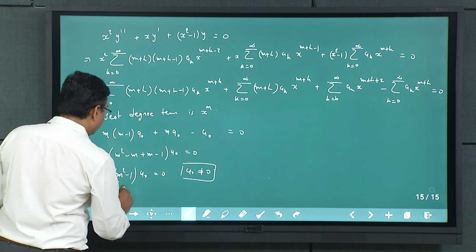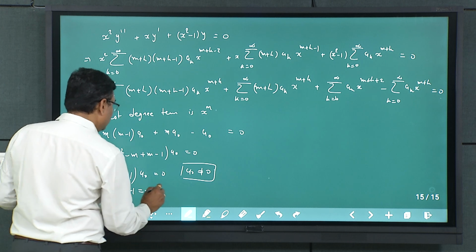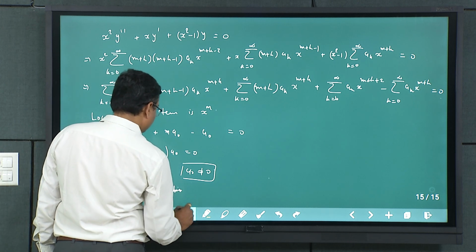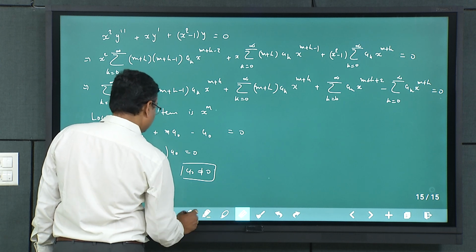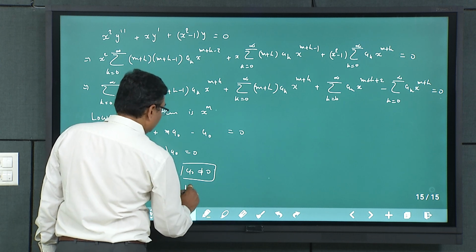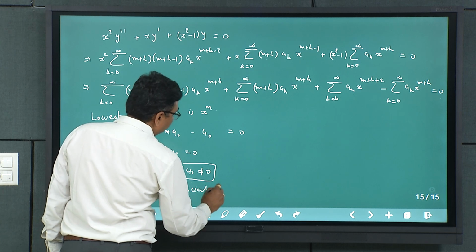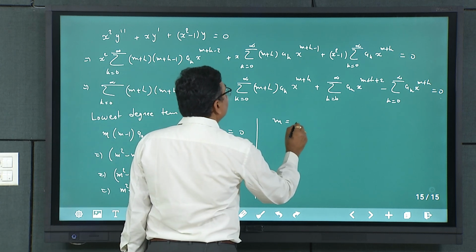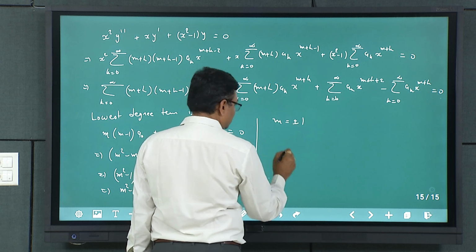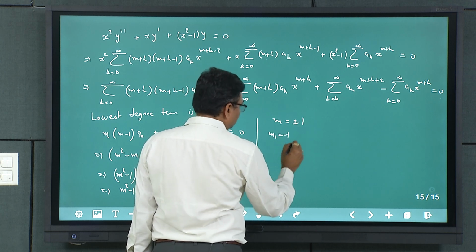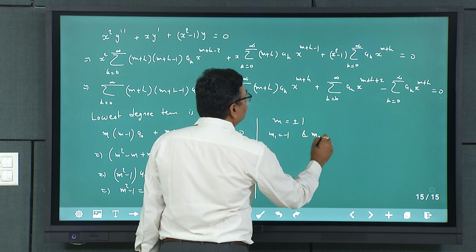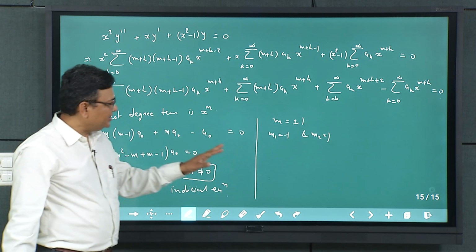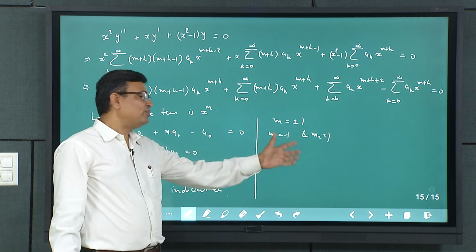So m square minus 1 equal to 0 is the indicial equation, so we get m is equal to plus or minus 1. So my m1 is equal to minus 1 and m2 is equal to 1, right. So both the roots are real and their difference is an integer, right.